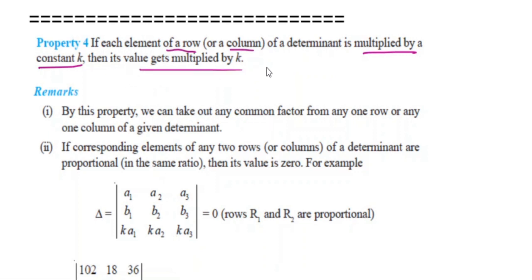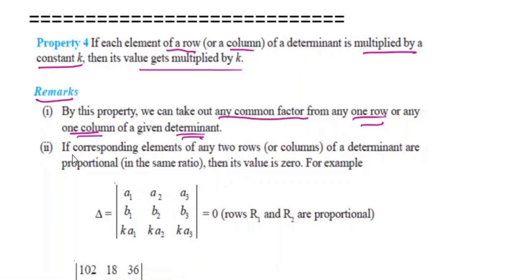Let me explain, and before that, we'll go through the remarks given here. By this property, we can take out any common factor from any one row or any one column of a given determinant. So you can take it outside like a GCD.